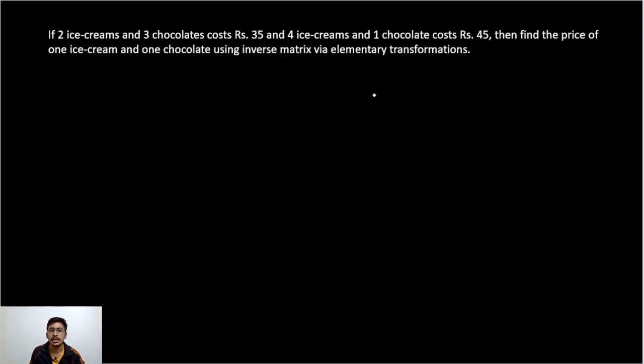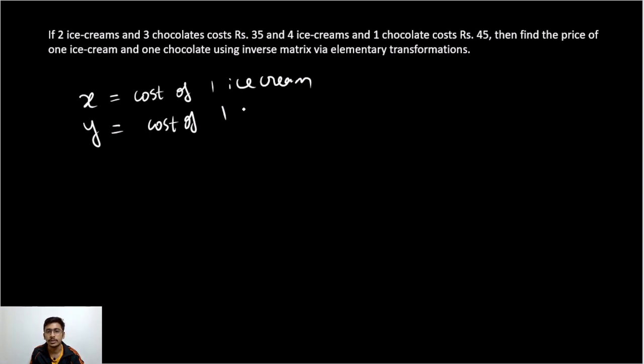Let's say if we don't understand what a matrix is, it's a simple simultaneous equation problem which has 2 variables and 2 equations, correct? So what are the 2 variables? I'd say x is the cost of 1 ice cream, correct? And y is the cost of 1 chocolate.